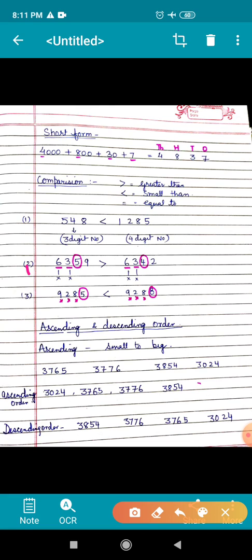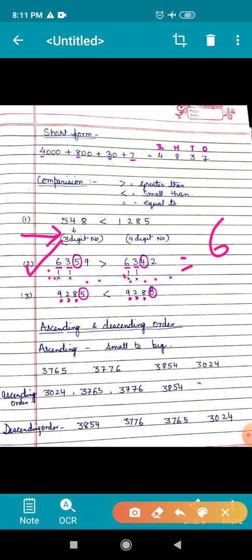Here is the second example, 6359 and 6342. So children, we will compare from the left side. Okay, just see the 1000 place. On both 1000 places the number is the same, that is 6, so you cannot compare. So go on to 100 place.